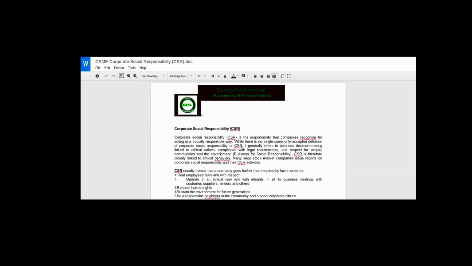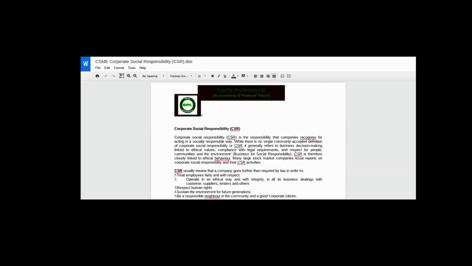It's a very robust definition that informs us that CSR is a responsibility of the company to the society, community, the environment, the shareholders, the stakeholders, the government, and compliance. That's the reason why we see that legal requirement in that definition.